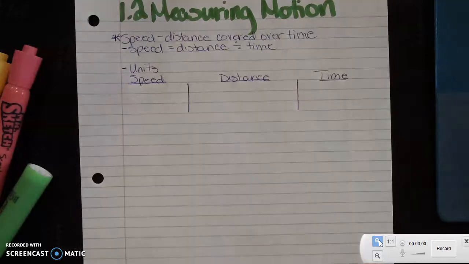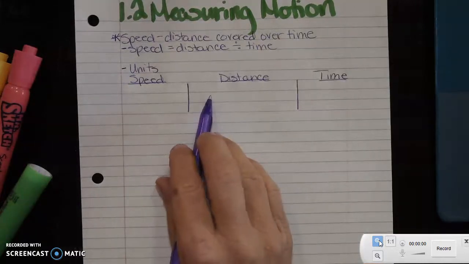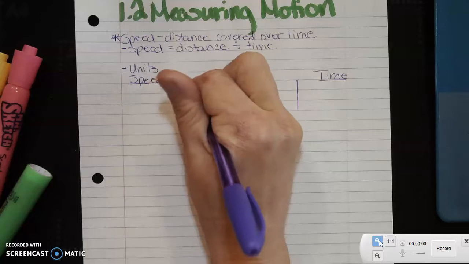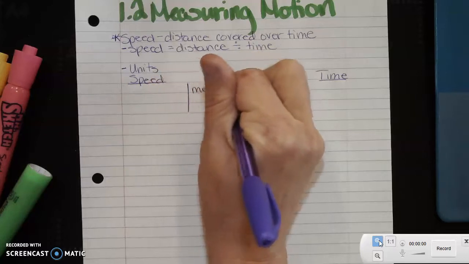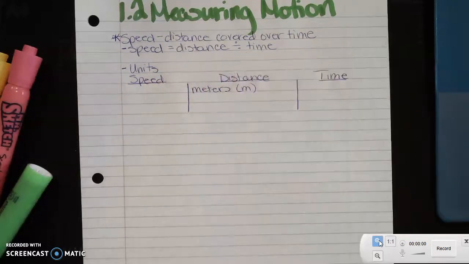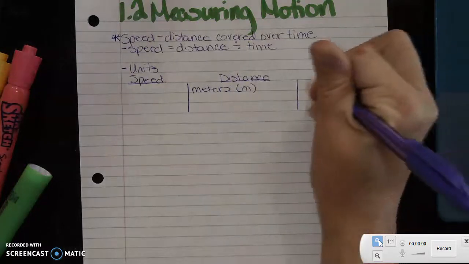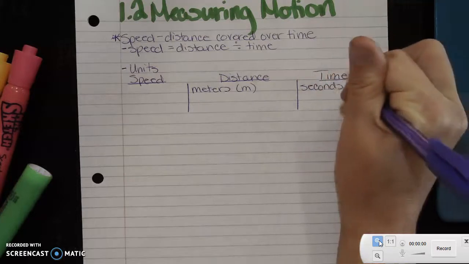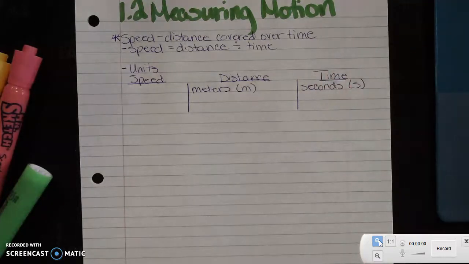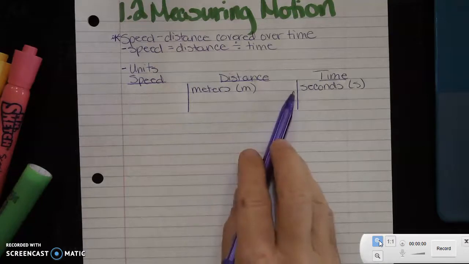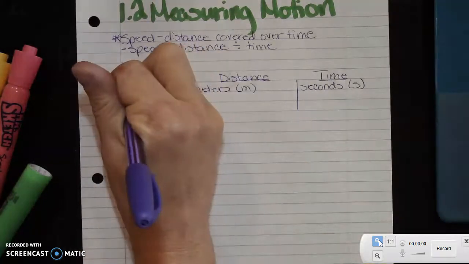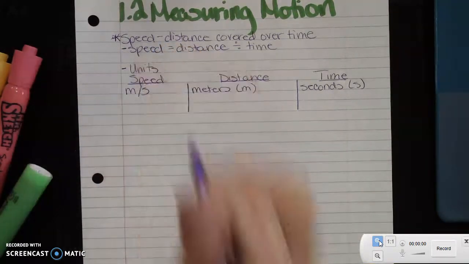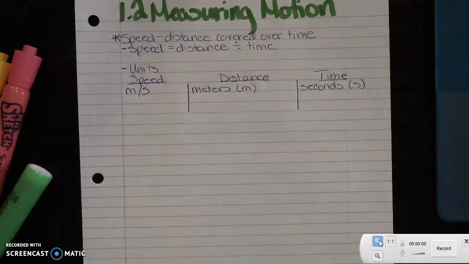So we're going to start in the middle with distance. If we have the unit meters, and the abbreviation is m, and a time unit of seconds, abbreviation s, our speed unit will be meters per second, m/s. So that tells us how many meters you are traveling every second that goes by.